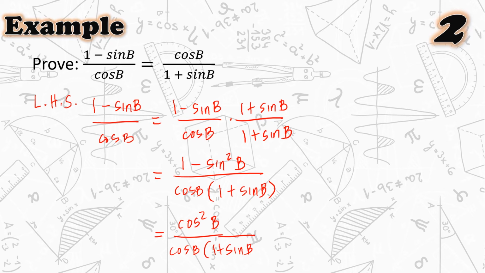From this resulting expression, we can cancel cosine b because cosine squared b over cosine b is equal to cosine b. Hence, we have an expression that is the same as the right-hand side, that is cosine b over 1 plus sine b. The identity is now proven.